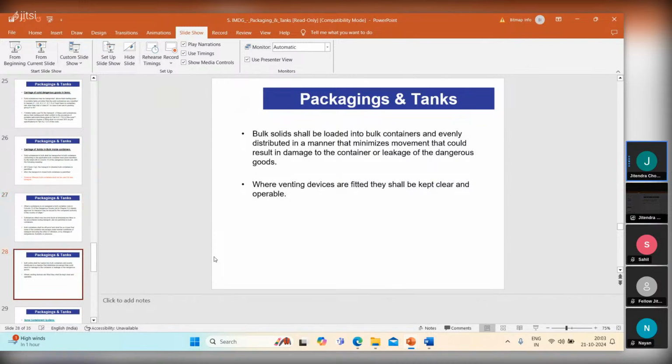Bulk solids shall be loaded into bulk containers and evenly distributed in a manner that minimizes movement that could result in damage to the container or leakage of the dangerous goods. Obviously, damage or leakage should be as minimal as possible. And if there is a venting device fitted for the ventilation of solid bulk cargo, it should be clear and operable, obviously.